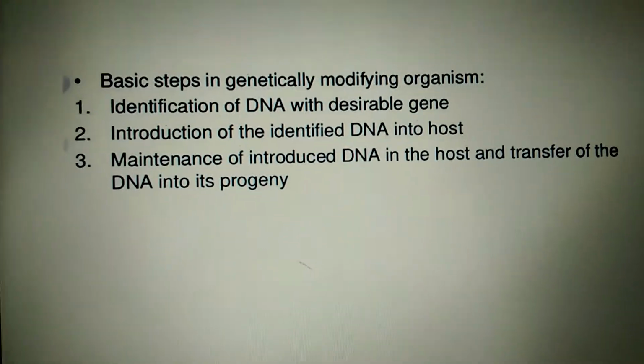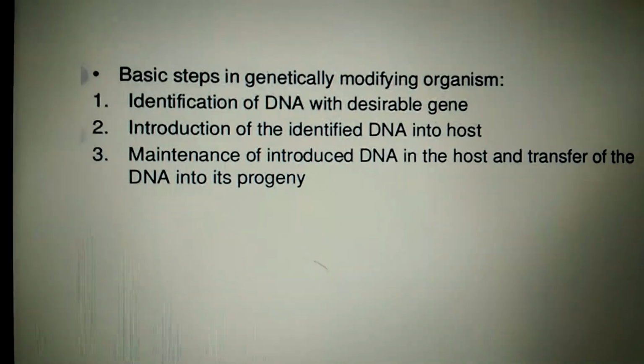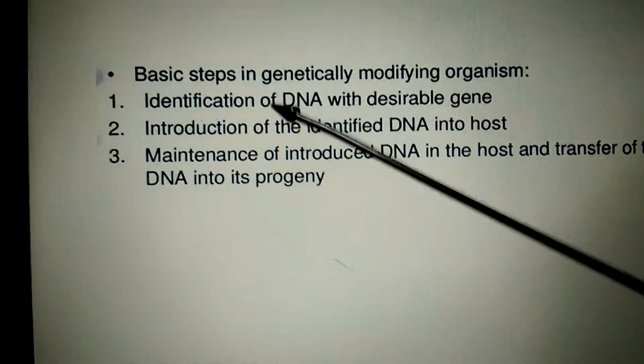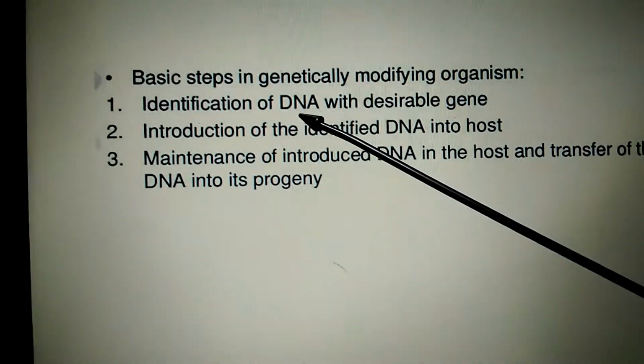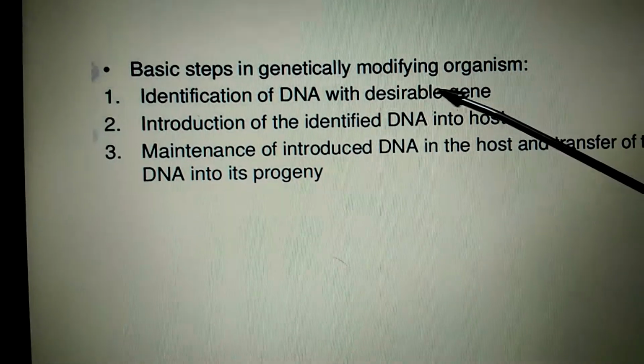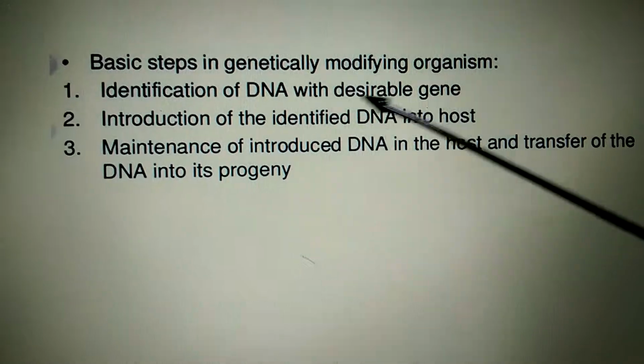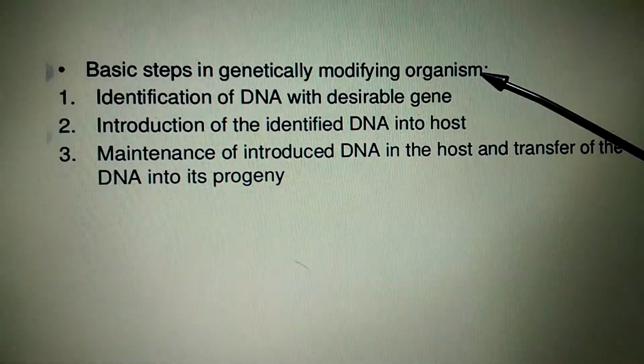The basic steps that are involved in the formation of genetically modified organisms are: first, we need to identify the desirable gene which is required for the modification of the organism.